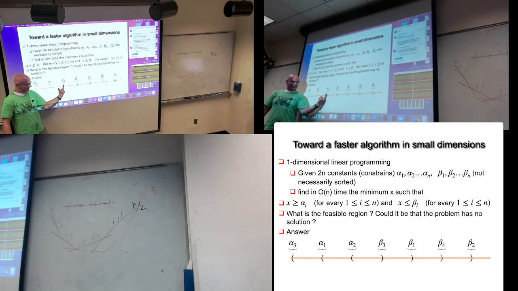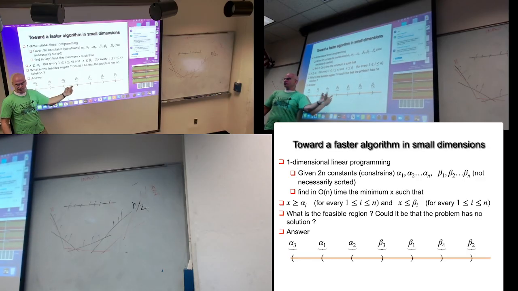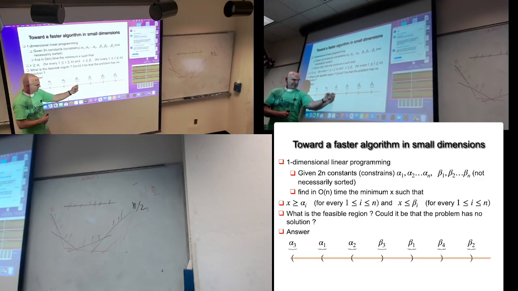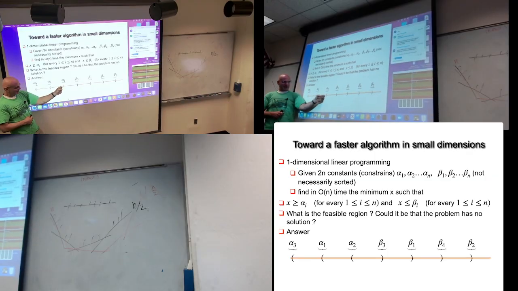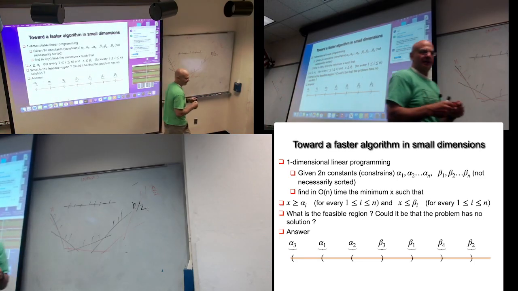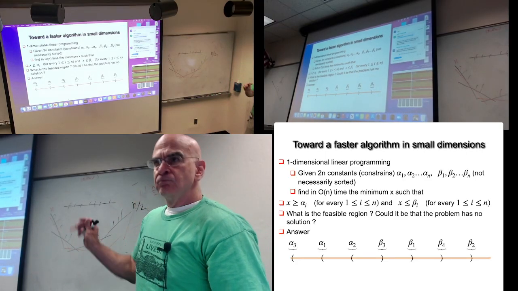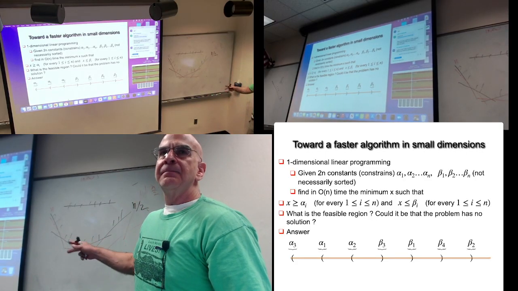And now what is the feasible region? Everything in between, if it exists. It could be that actually the smallest beta j is to the left, smaller than the largest alpha i. In this case, I'll figure out that the feasible solution is empty. So it's just finding the maximum and the minimum.